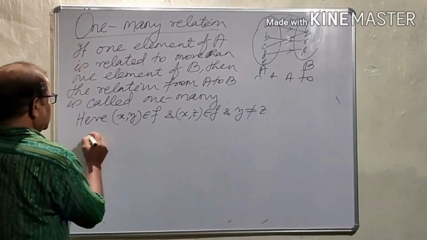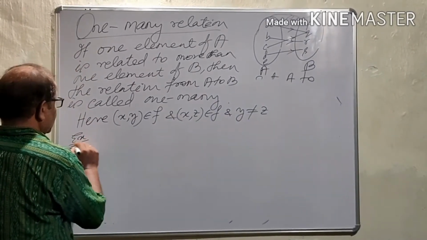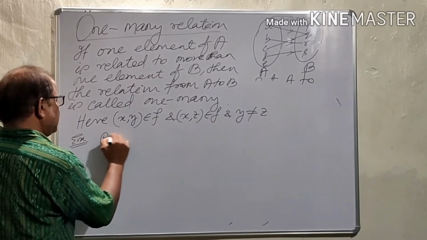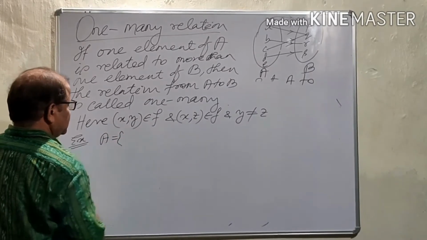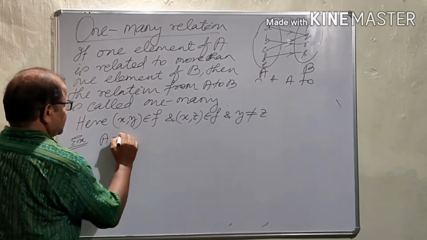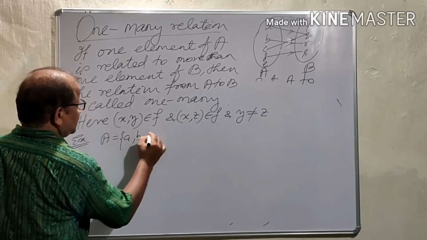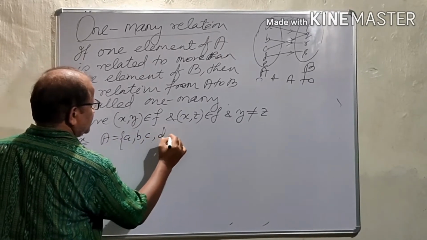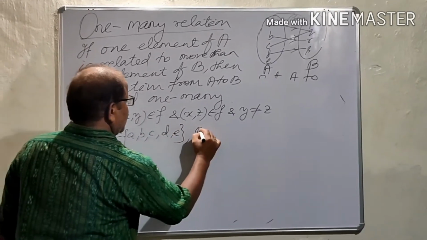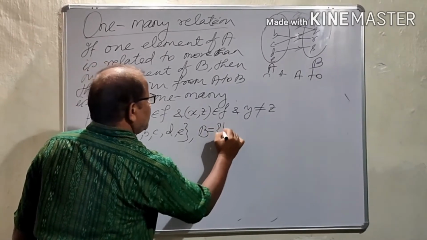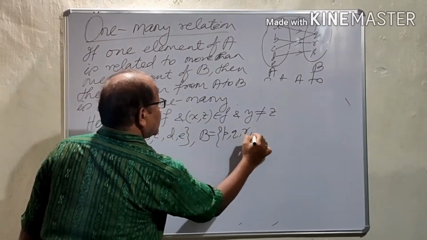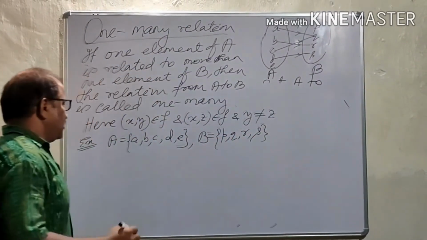Let us give another example. Say F2. The sets are the same: A = {a, b, c, d, e}, B = {p, q, r, s}.